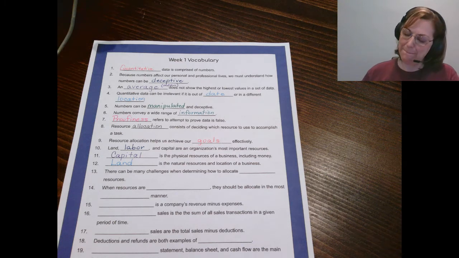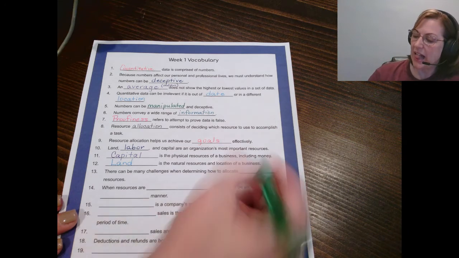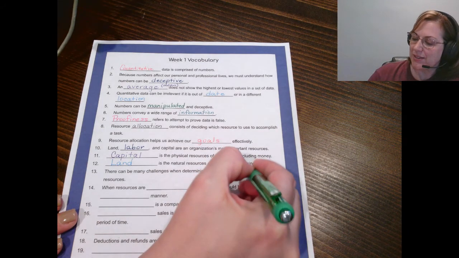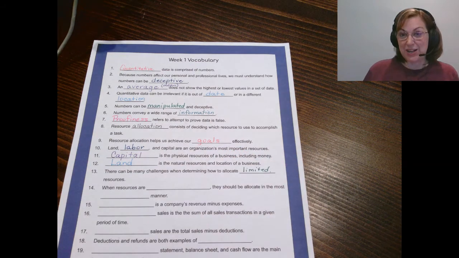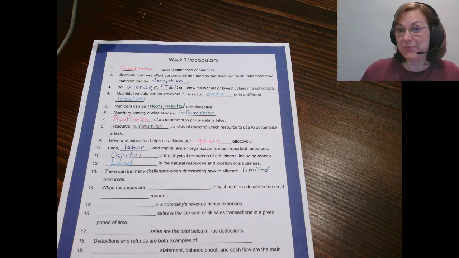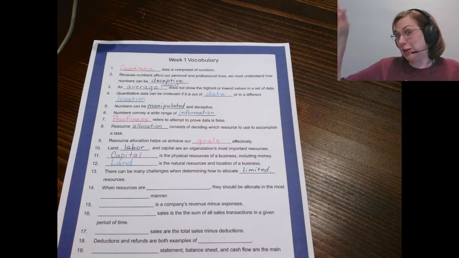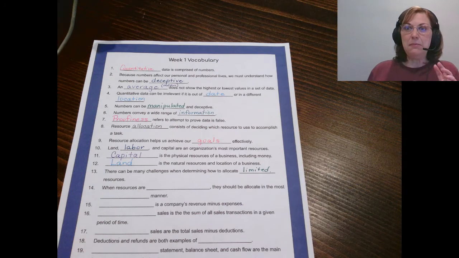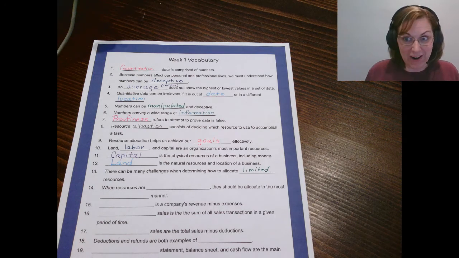Okay, number 13, sorry. There can be many challenges when determining how to allocate limited resources. So, in my driver situation, if we were all drivers, it wouldn't be very hard to allocate the resources, right? Everybody just get in your vehicle and go. But we don't have an infinite number. Everybody's not a driver, and we don't have that many cars.